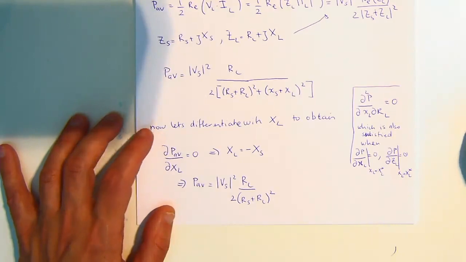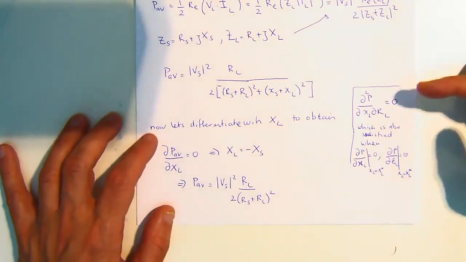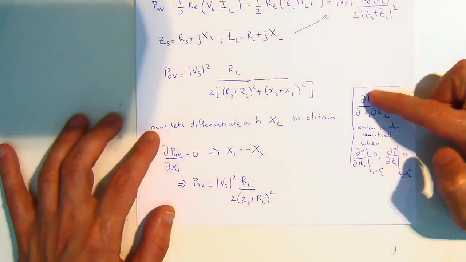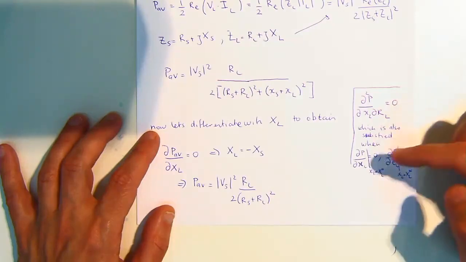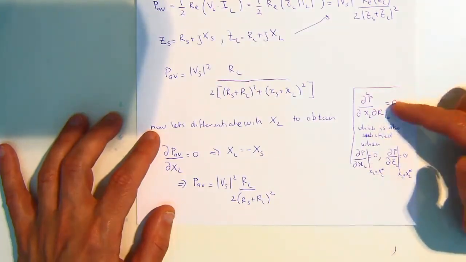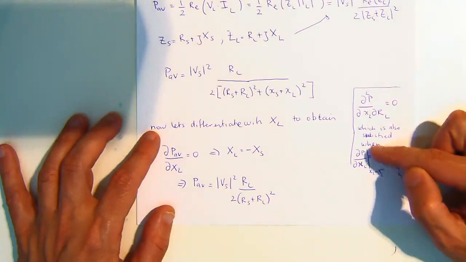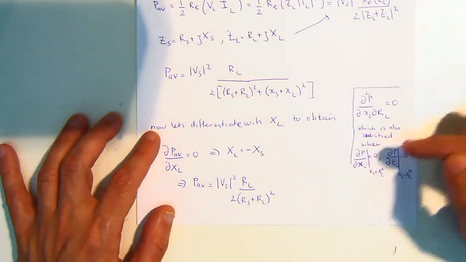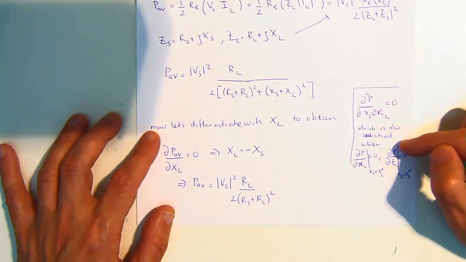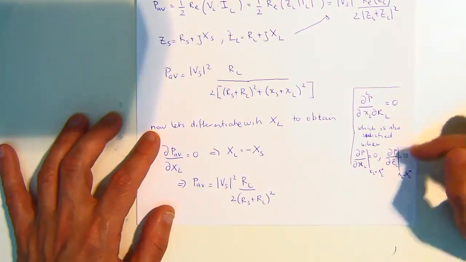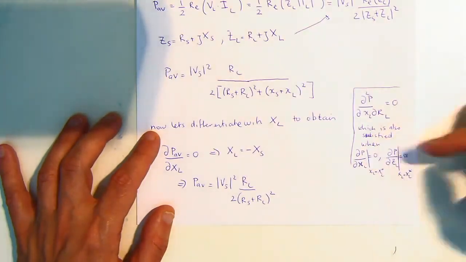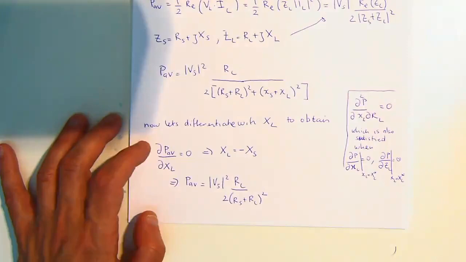Here I'll use a little trick: one of the conditions that satisfies this is that the first derivative with respect to XL and the derivative with respect to RL are both 0. That's also a condition that satisfies this.